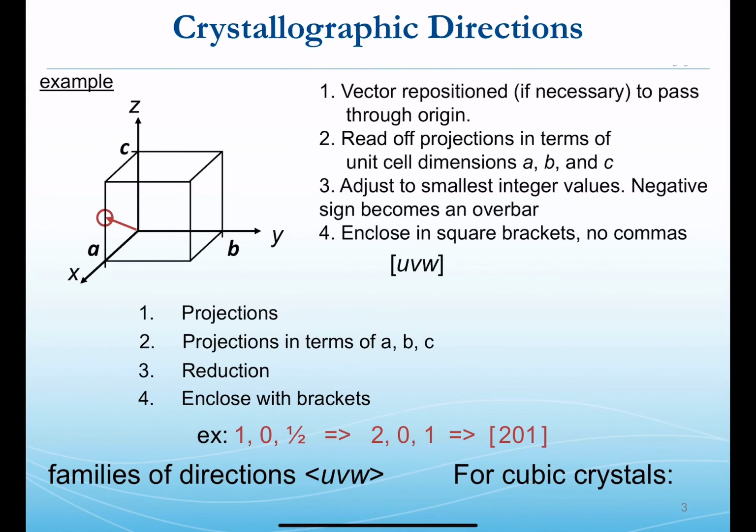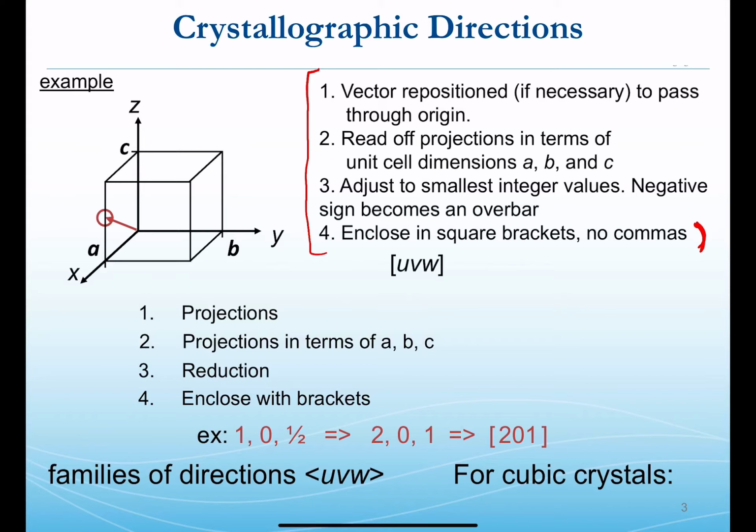Okay. So crystallographic directions are a little bit more complex than the points that we just saw. Our instructions are listed here on what to do. We're going to build a syntax that comprises square brackets and puts numbers in between those square brackets. To build up towards this syntax, we've got 4 major steps to do.